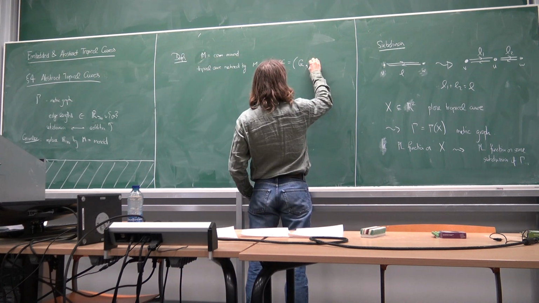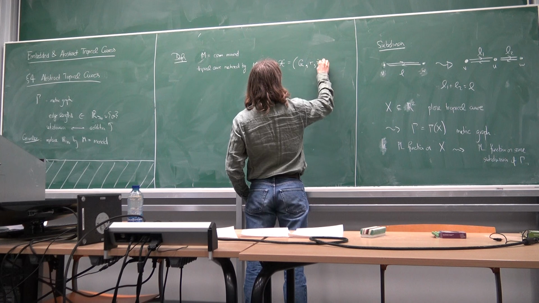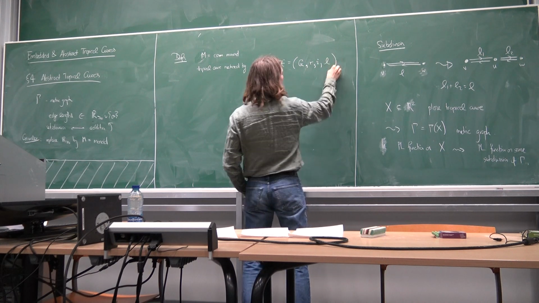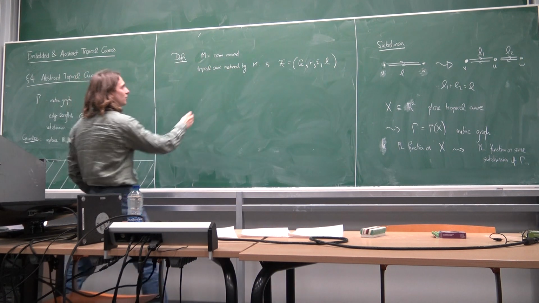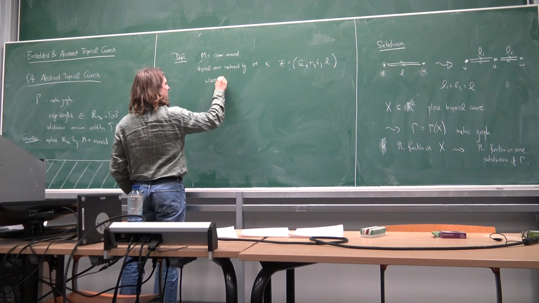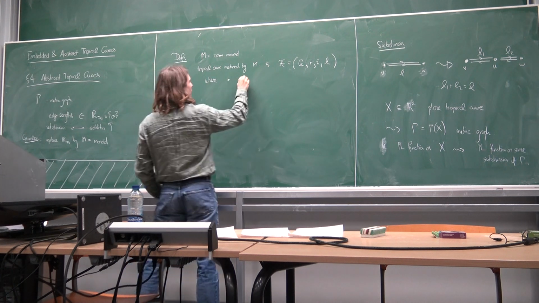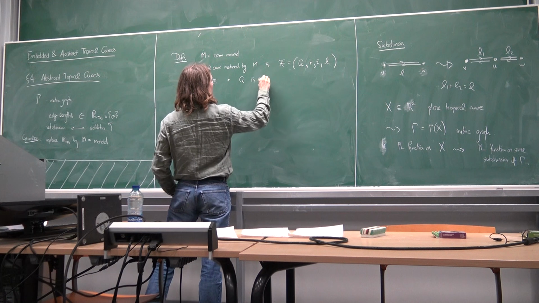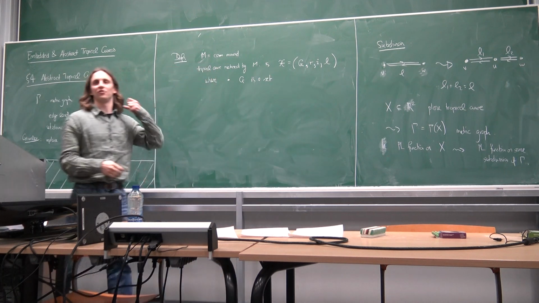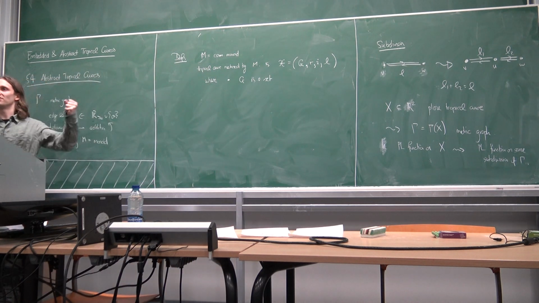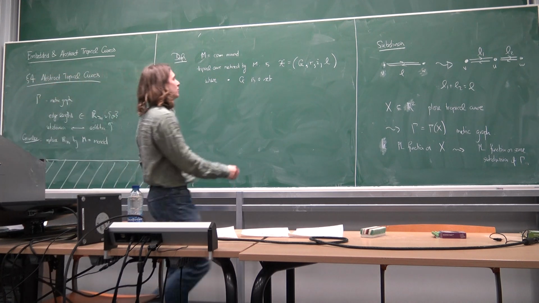So we're going to have G, R, I, and L, where G is just a set. We think of this as a collection of vertices and oriented edges, as before.